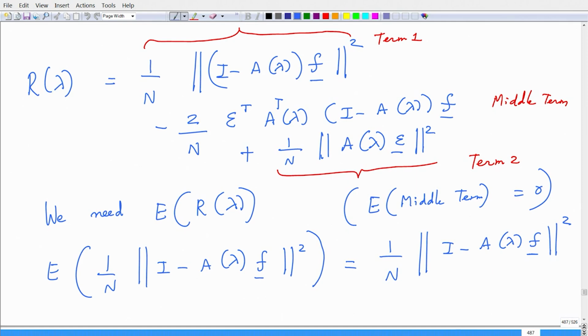Yeah, before we end the slide, small change here. We need to insert these braces. Term 2, we will have to do some jugglery. So, we will try to see what it simplifies to.